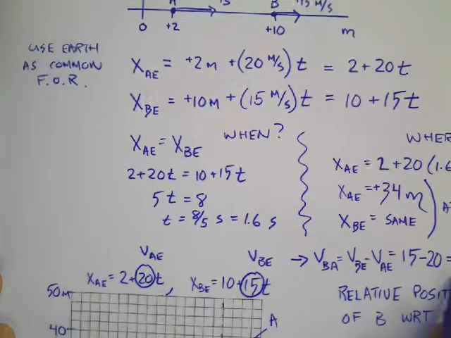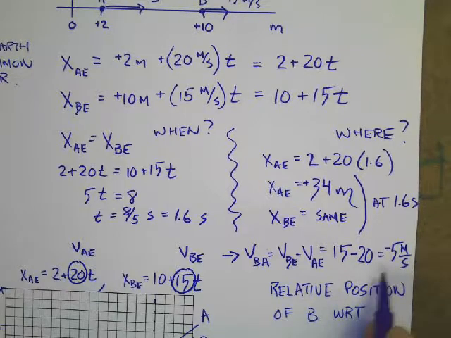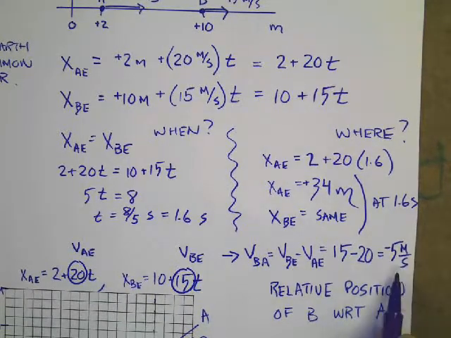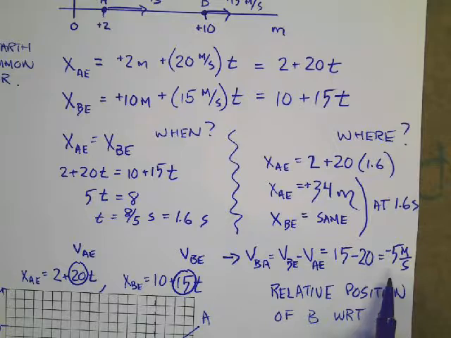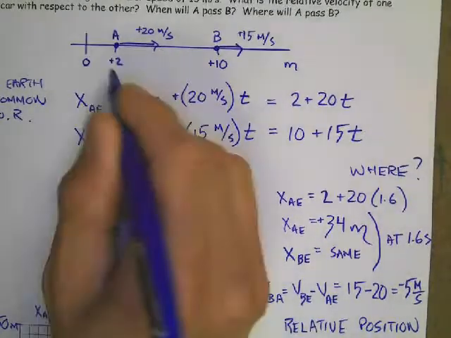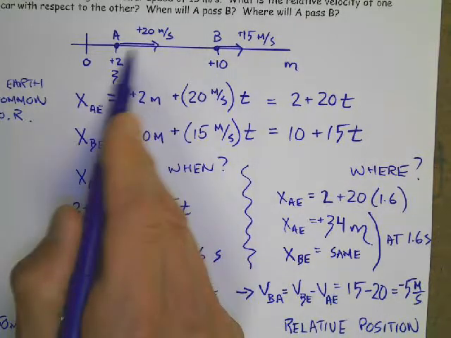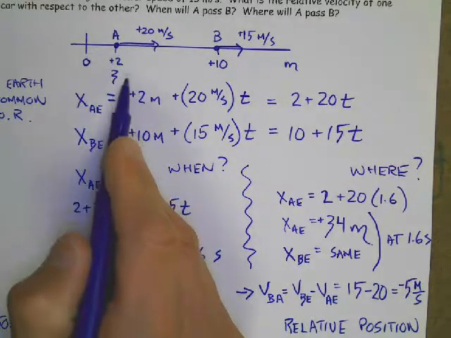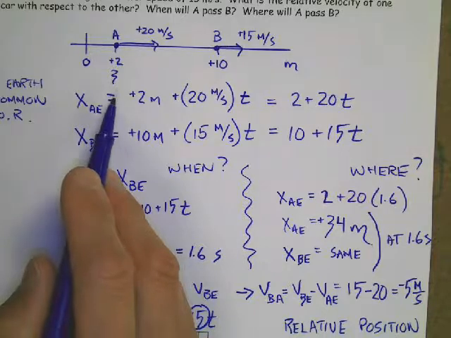The interpretation of that negative is that from A's point of view, B is moving to the left. I'll say that again.